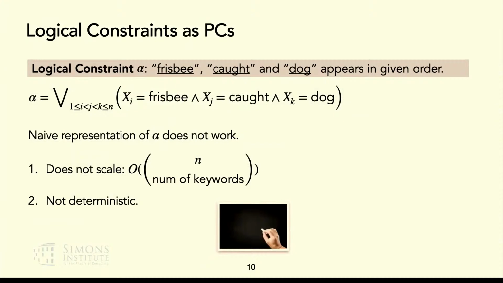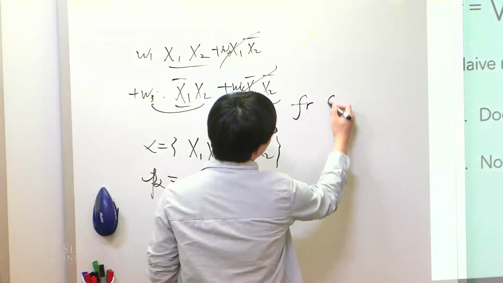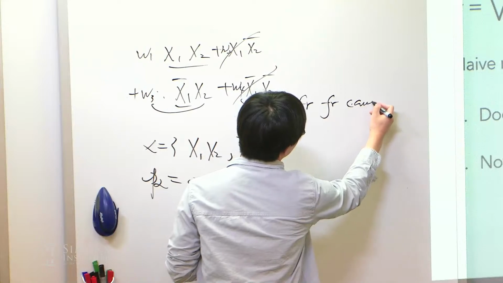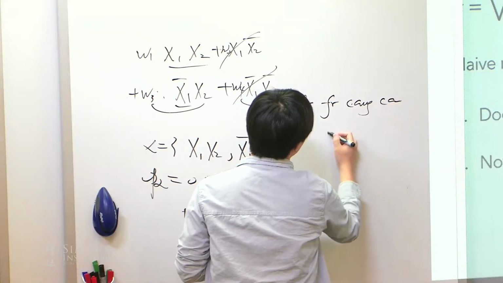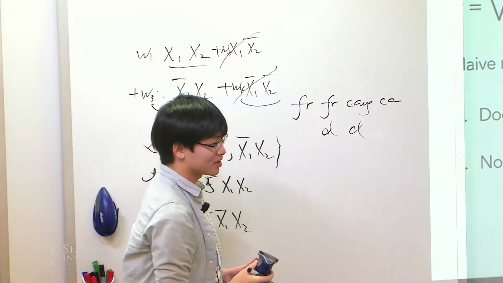Isn't that sort of deterministic? Oh yeah, it's a very subtle thing. Well, we only require frisbee, cat, and dog to appear in some positions, but we do not limit that they have to appear exactly once. So you can totally have frisbee, cat, dog, something like this.